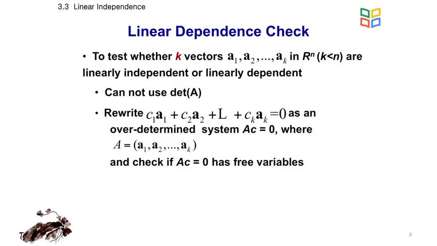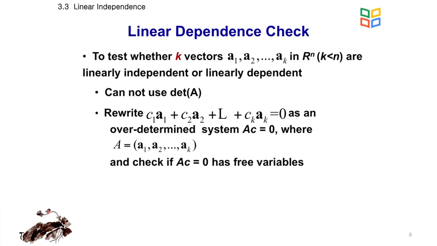Okay. Now, to test whether k vectors A1, A2 till Ak in Rn, where k is smaller than n, are linearly independent or linearly dependent. In this case, we cannot use the determinant of A because only a square matrix can have a determinant.